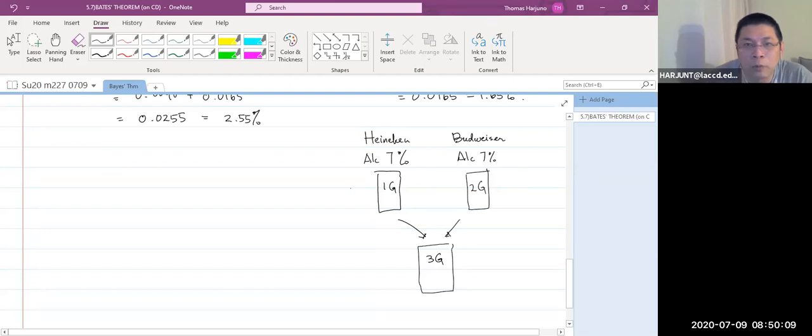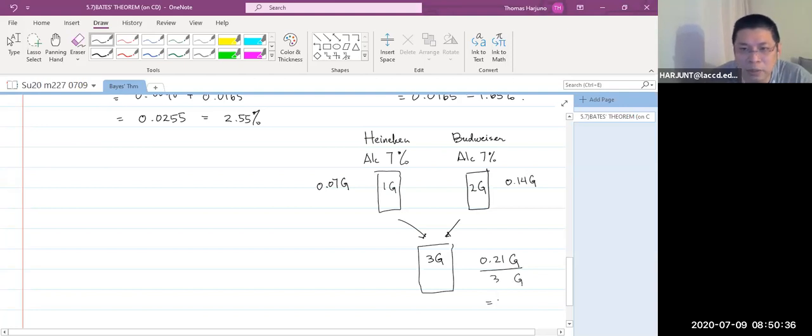Okay, let's do some computation. If 1 gallon of Heineken is 7% alcohol, it means 0.07 gallon is alcohol, right? And the one here is 0.14 gallon alcohol. When I put them together, I still have 0.21 gallon alcohol over 3 gallons.